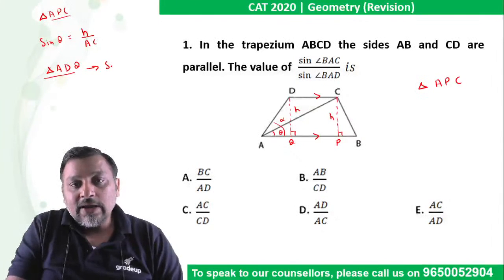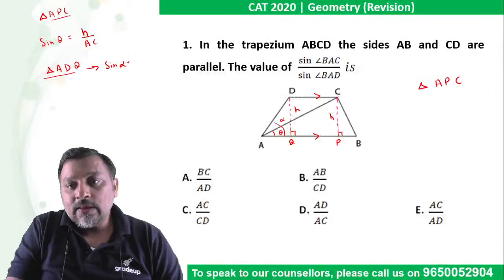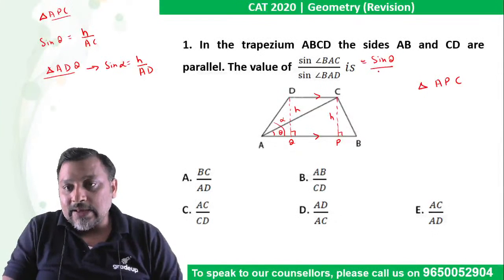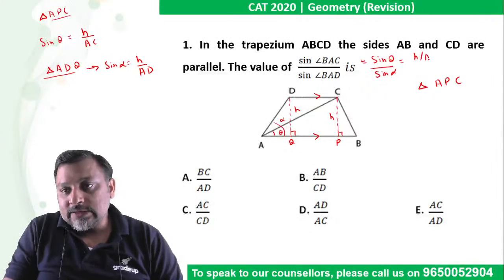So from here what I'll get is sine alpha is equal to H upon AD. So I need to find the ratio of these two. That means I need to find sine theta by sine alpha, which is H by AC, H by AD.